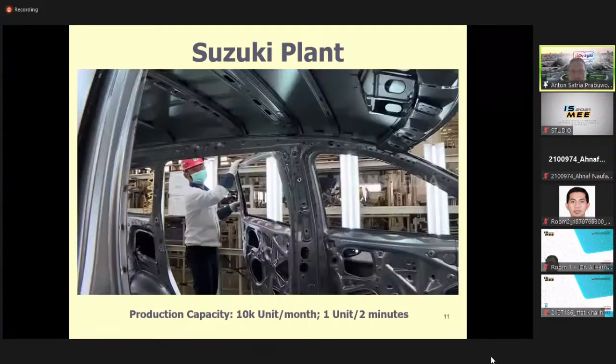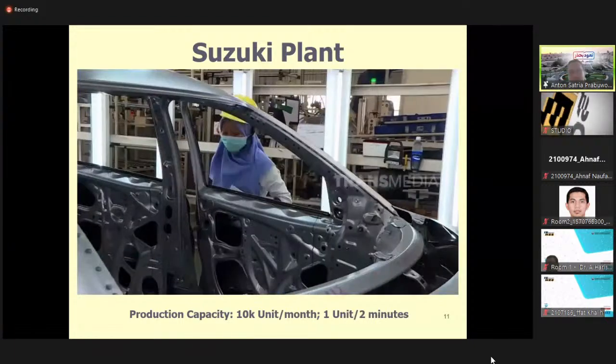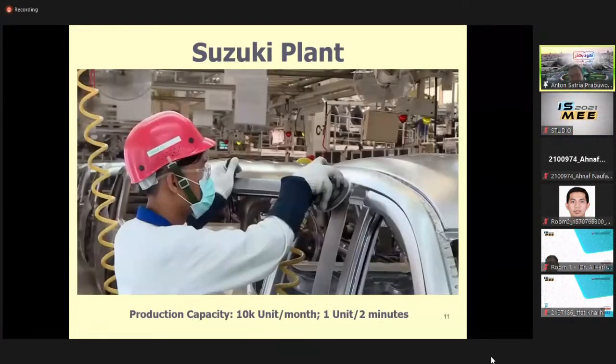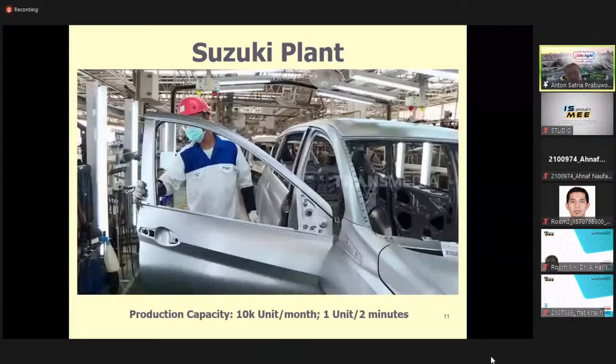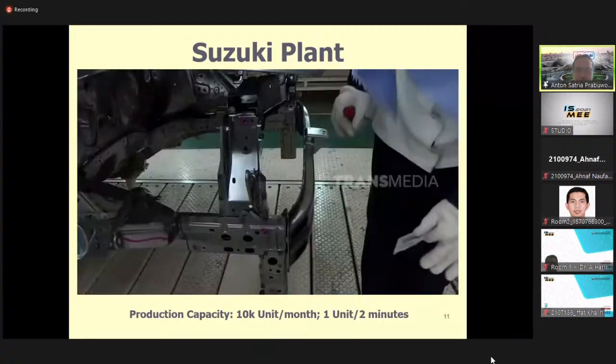So this part also, see, this part also the human operator performs the polishing.